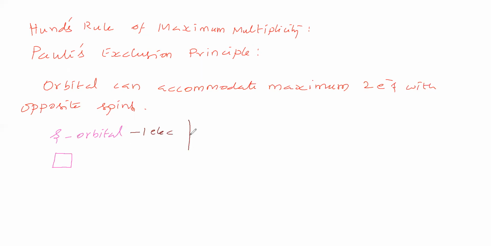Now we will take an s orbital that is having 2 electrons. Maximum 2 electrons means it can take 1 electron, so an s orbital can take 1 electron, and it can take 2 electrons, because they said maximum 2 electrons.